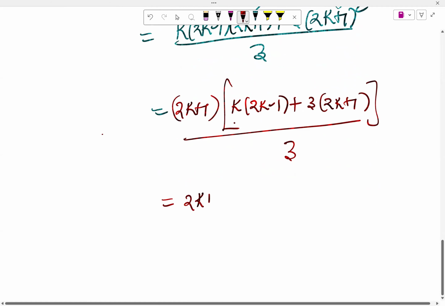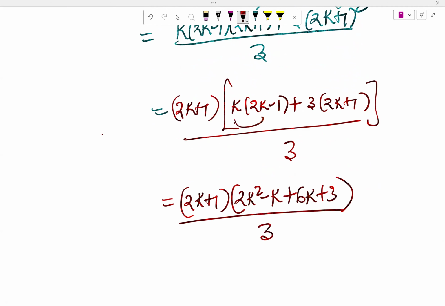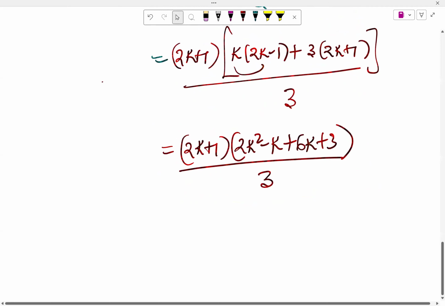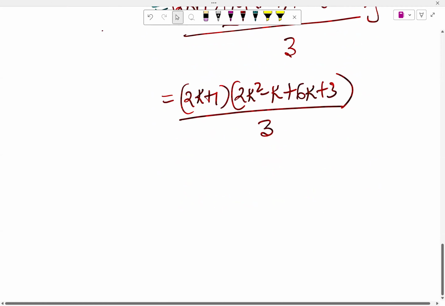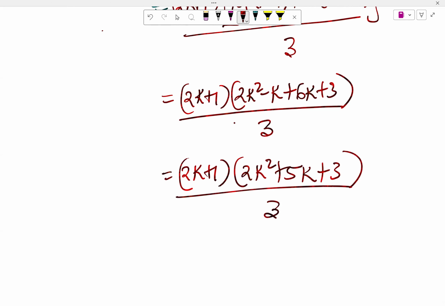You have 2k plus 1 into 2k squared minus k plus 6k plus 3 all over 3. That's k times k, 2k squared, k times minus 1, minus k, 3 times 2k is 6k, 3 times 1 is 3. Then we have 2k plus 1 into 2k squared plus 5k, that's minus k plus 6k, that's plus 5k plus 3, all over 3. So now we need to factorize this. So let's take that aside and deal with it.